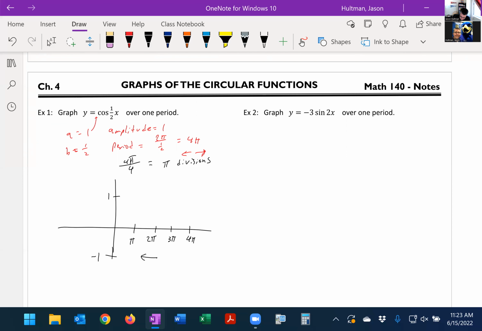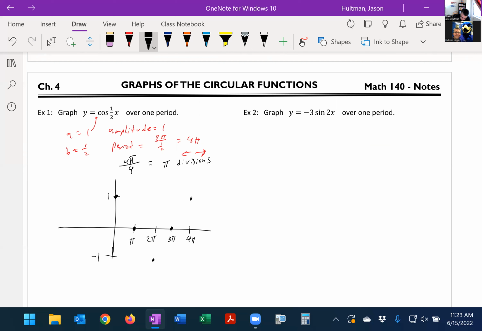So at 0, we're still at 1. At pi, we're now at 0. It's going to create the same shape as before, but the intervals are just going to be different. At 2 pi, we're at -1. At 3 pi, we're at 0. And at 4 pi, we're at +1.